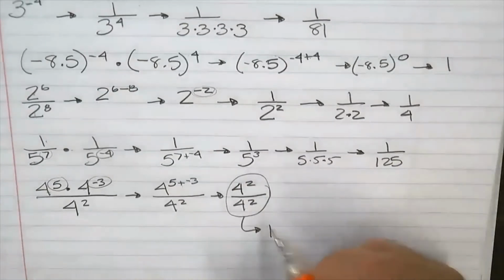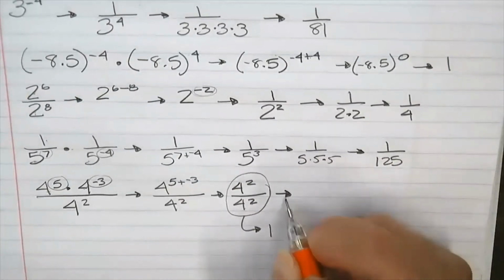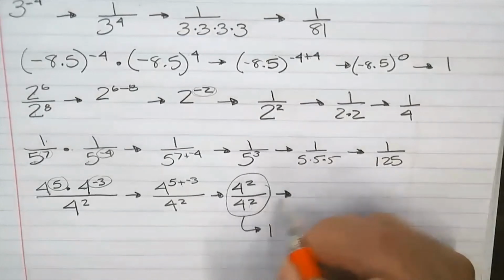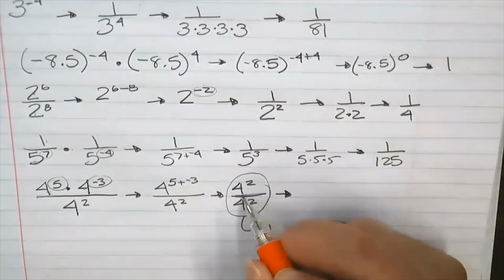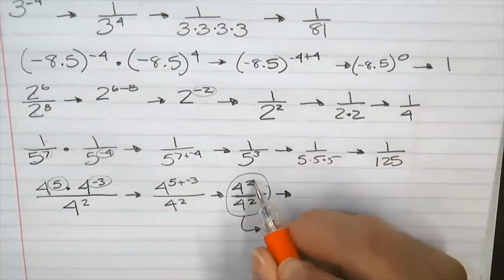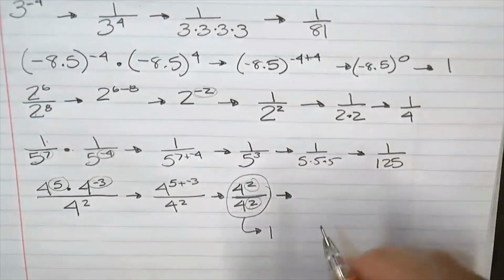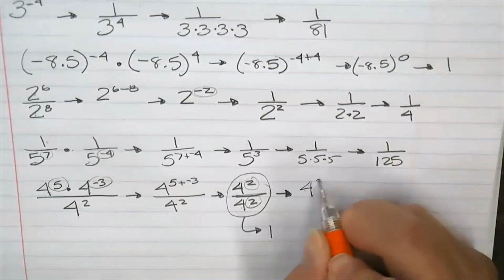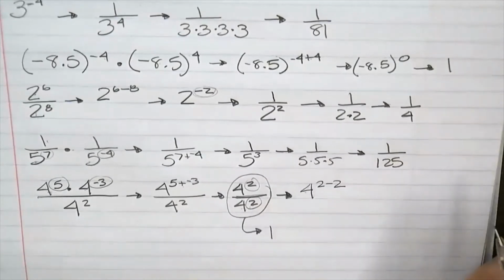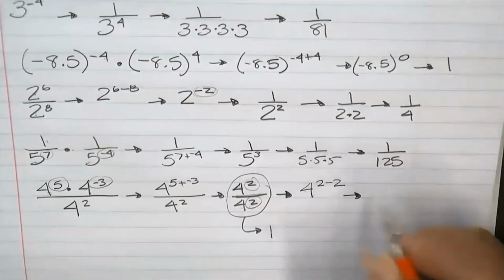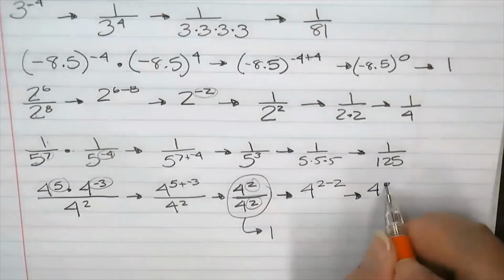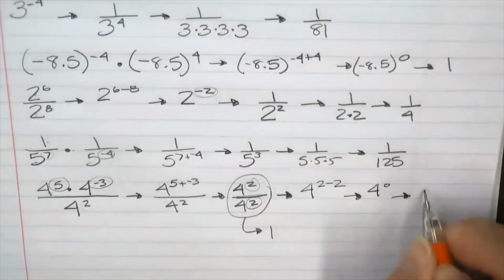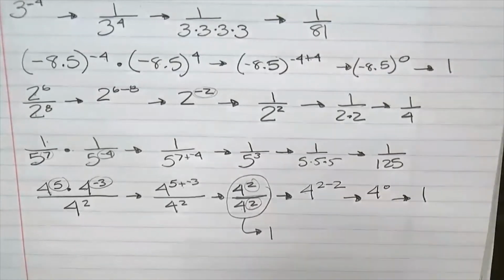But if you don't see that right away, it's okay, because we can do what we did yesterday. My base is the same and I'm dividing, so I'm going to subtract my exponents. So I've got 2 minus 2, which gives me 4 to the 0.